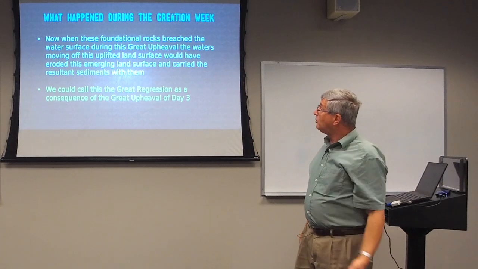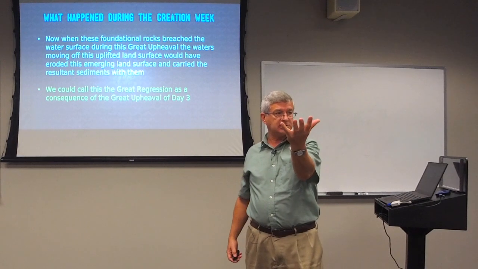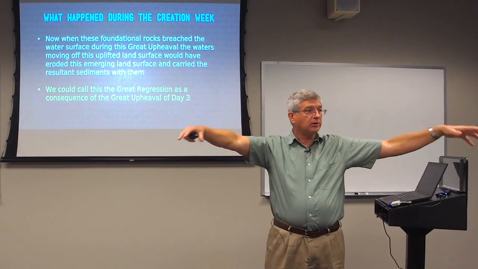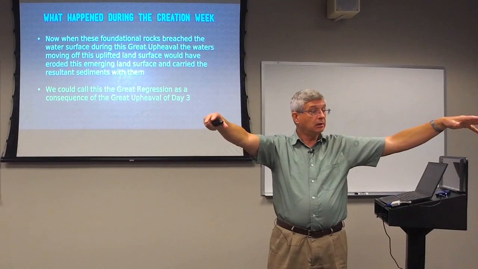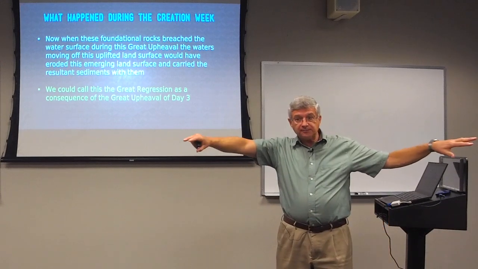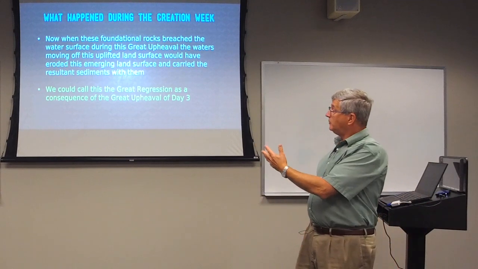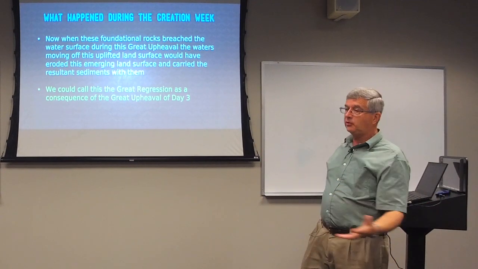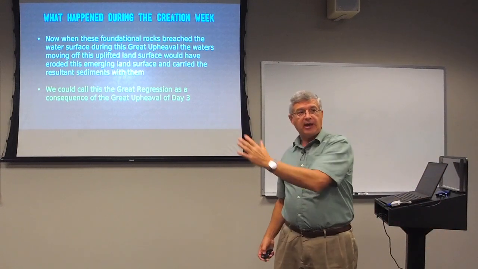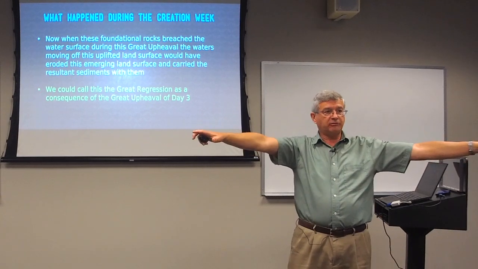But when that happened, what happens when you raise material above the water surface? The water is going to drain off, and that draining water is going to erode. It's going to erode, and the waters are going to retreat or regress from that emerging land surface. And so later in day 3, we could have, as a consequence of the Great Upheaval, the Great Regression. And those sediments that are carried by that water as it sweeps off that emerging land surface are going to get dumped offshore.